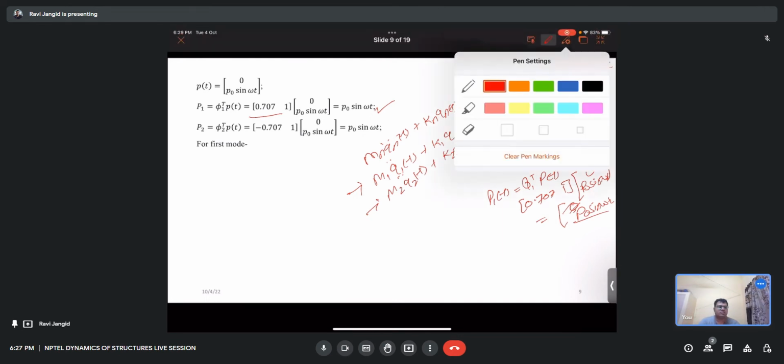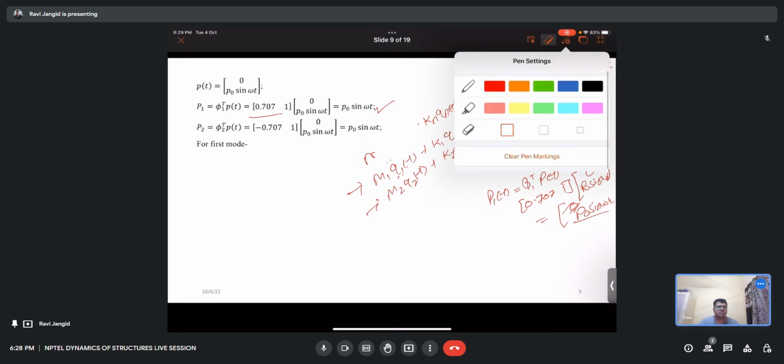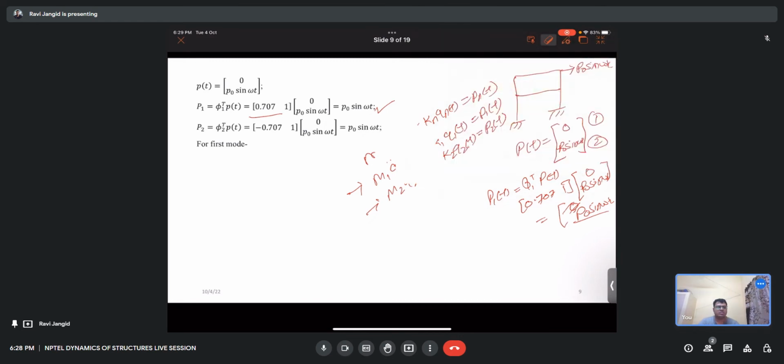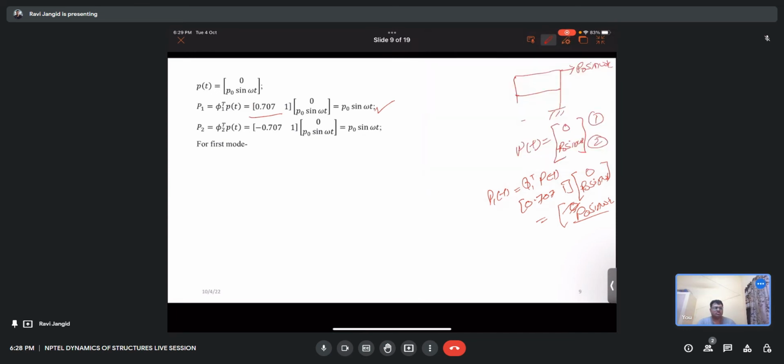Okay, so let us go for the first equation: m1 q1 double dot, k1 q1 is equal to P1t, and P1t was P naught sine omega t.